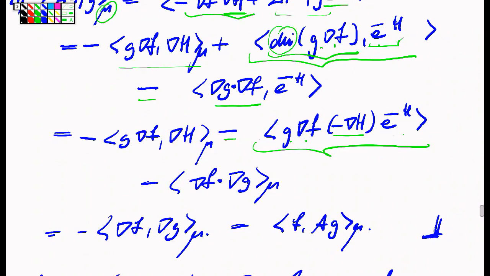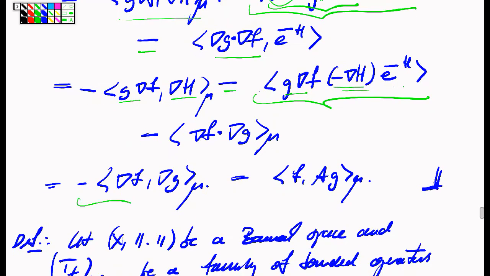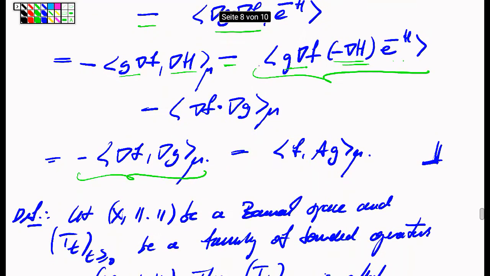And I see that I get exactly this term here, which cancels with this term. So all that is left after I did this integration by parts is this expression here, which is a minus gradient f gradient g integrated against the measure mu.